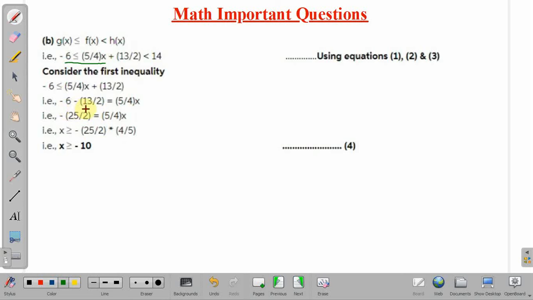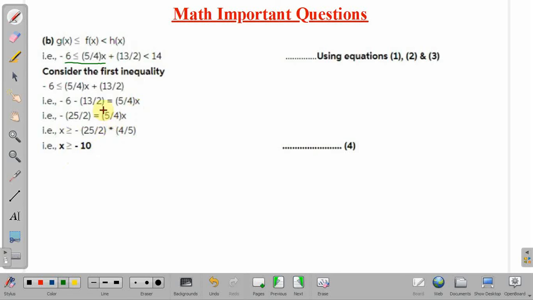Minus 6 minus 13/2 is less than or equal to 5/4 x. So we have brought the constant on one side. This will be minus 25/2 less than or equal to 5/4 x, so x will be greater than or equal to 25/2 into 4/5, that is, x is greater than or equal to minus 10.